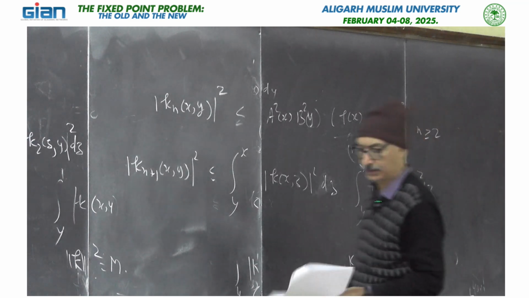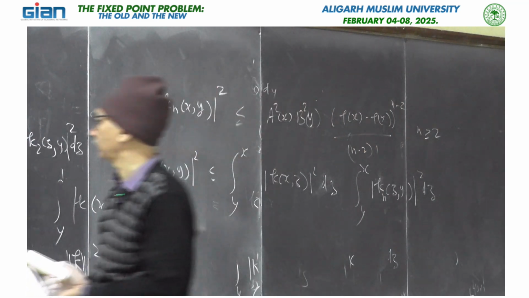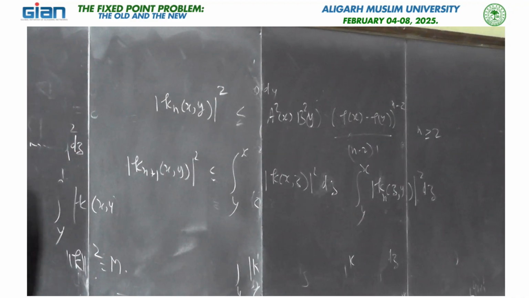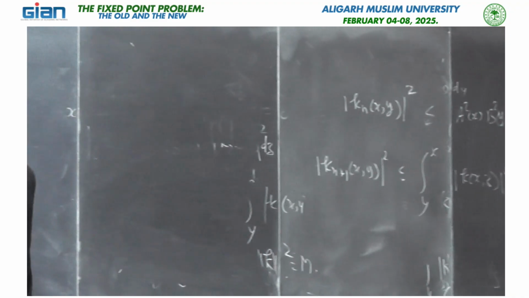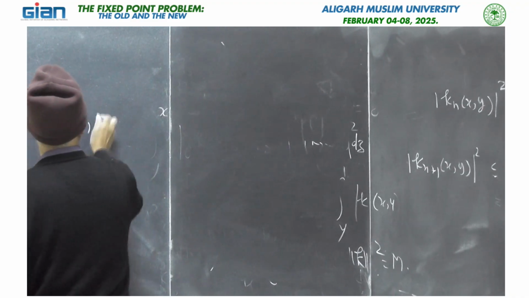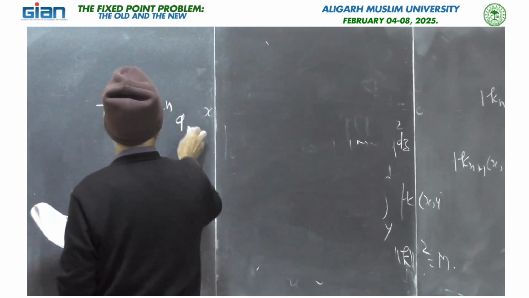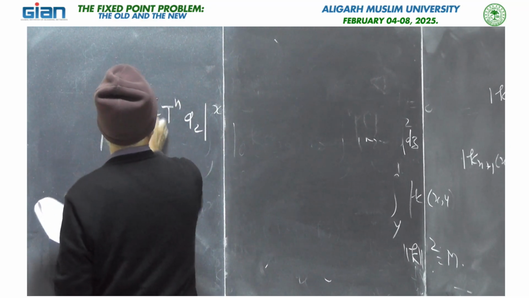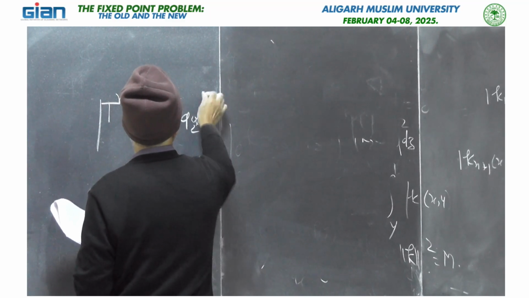Now you look at Tn and show that it's a contraction for some n, and we are done. So now look at Tn of phi 1 minus Tn of phi 2 at x, square.